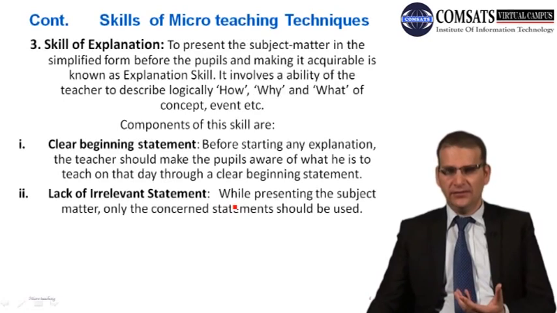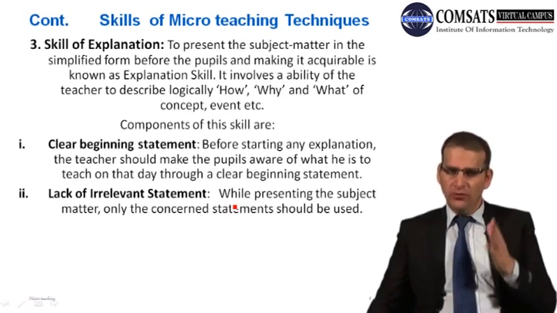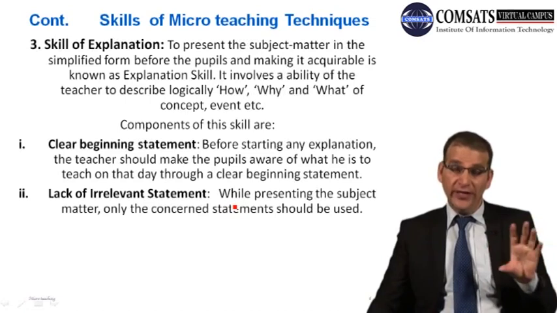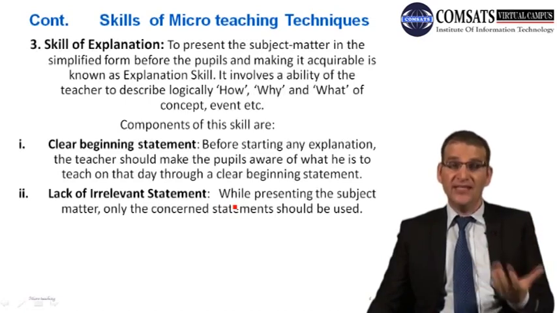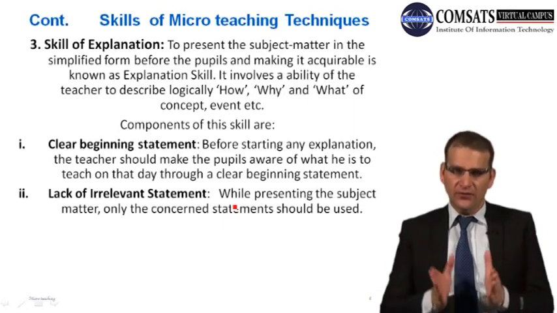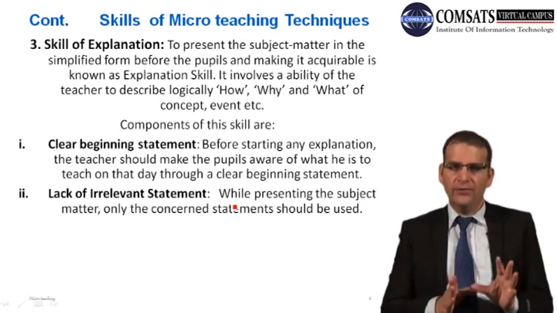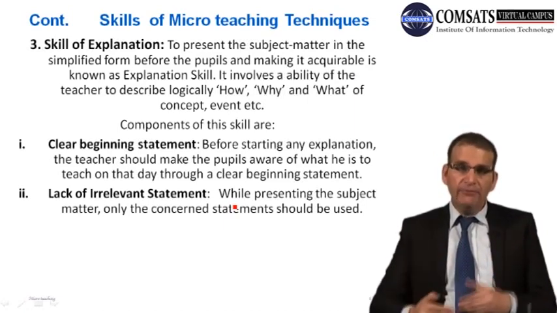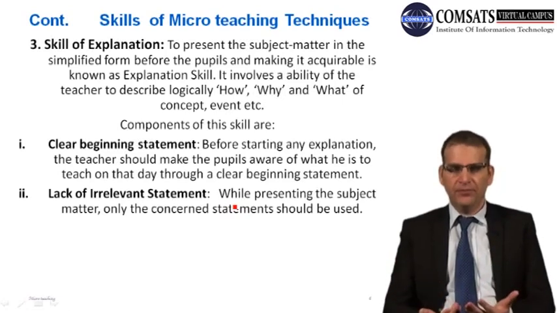Why is it there? How is it there? What happened? Where did it happen? Is that clear? So maybe you go to etymology, origin. Why is it so? Right? So these 5 W's and 1 H help you explain things well.